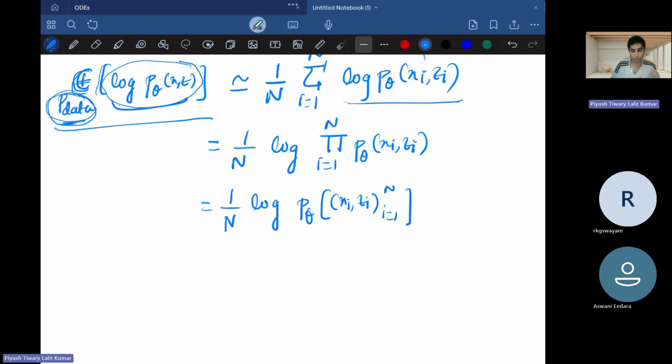You can write it like this, the joint distribution of all the pairs of xi's and zi's, because they are independent. If you remember, p of x1 comma x2 is equal to p of x1 into p of x2 if x1 and x2 are independent. So that is what I'm using. Since xi's and zi's are independent, this will follow.